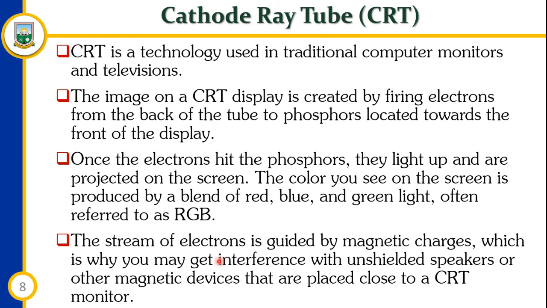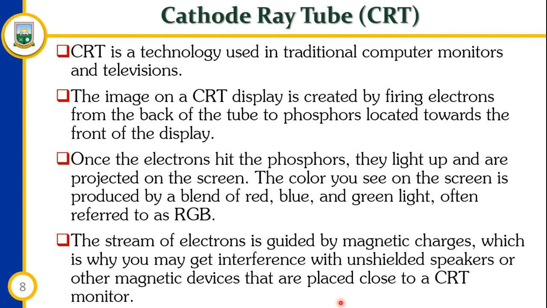So the stream of electrons is guided by magnetic charges, which is why you get some sort of interference when you have a shielded speaker or magnetic devices that are placed close to the CRT TV.